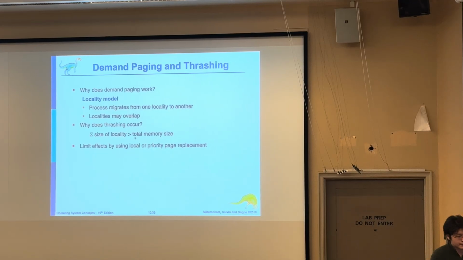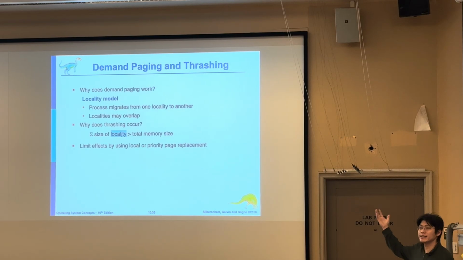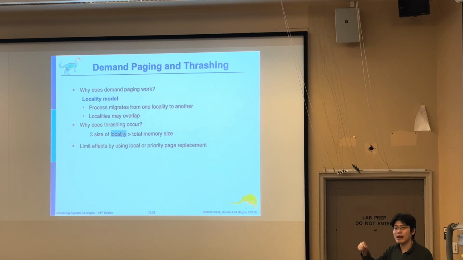And what's the reason? Because every process's locality, which later we'll also call the working set, contains memory pages that will be accessed very frequently during a short period of time, repeatedly.